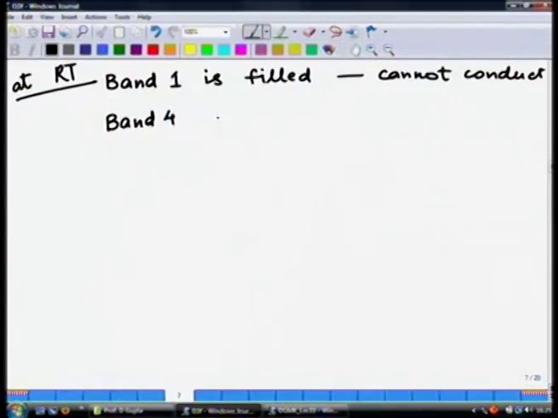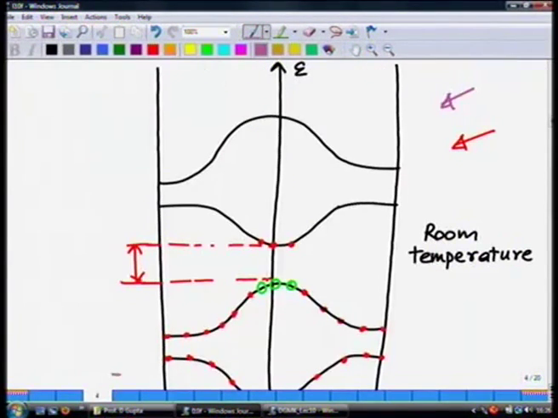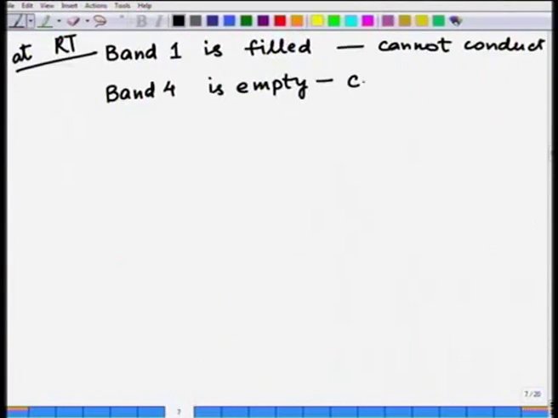Band number 4 is completely empty. You can see that band number 1 is completely full, band number 4 is completely empty. So neither of these two bands can contribute to current at all. Instead of saying cannot conduct, I should really say cannot contribute to current.